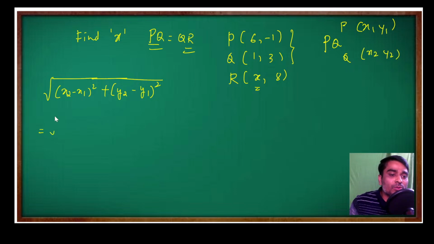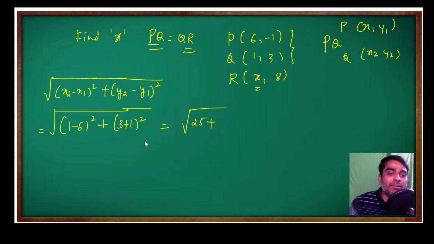So if you substitute, what will happen here? (1 minus 6) the whole square plus (3 plus 1) the whole square. Minus of minus will become plus. First number will be 25: 1 minus 6 is minus 5, minus 5 square is 25, and this is 16. We have 41. So PQ square will be 41. PQ is root 41.